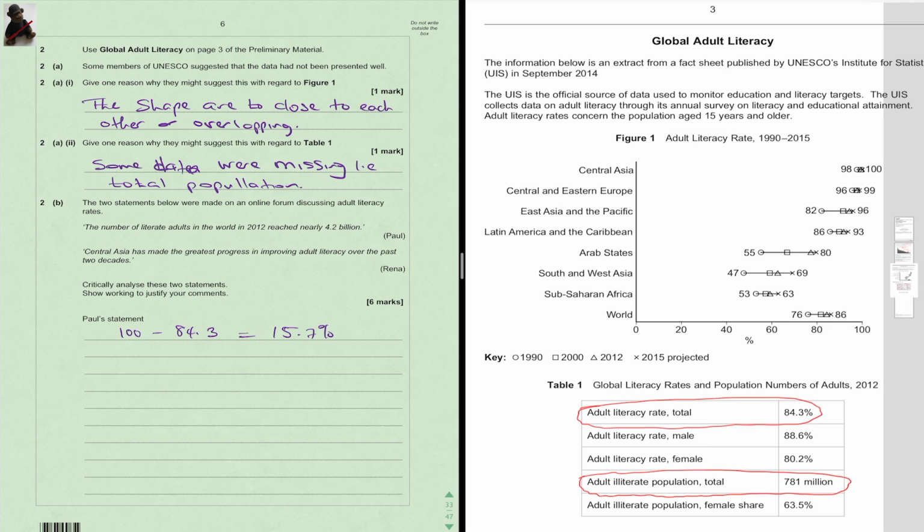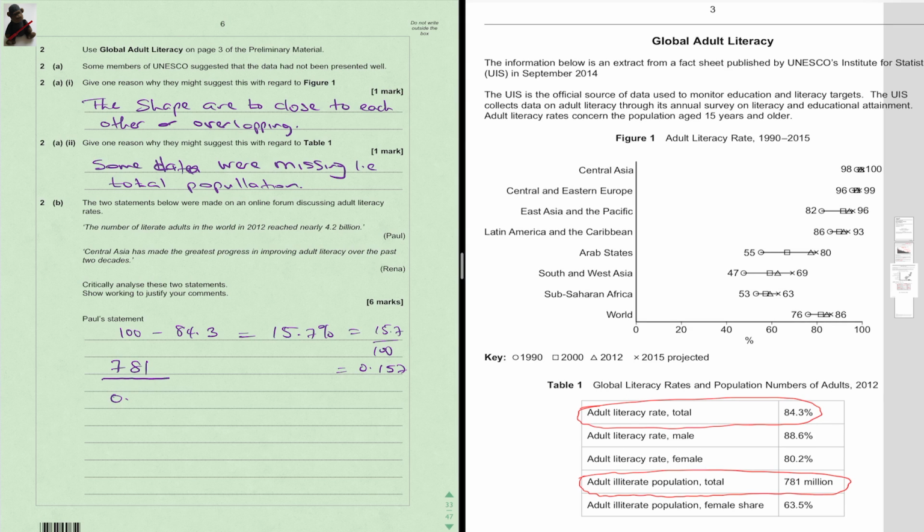If the illiterate population is 15.7%, and that 15.7% was 781 million, you can work out the whole population by saying 781 divided by 15.7 over 100, which is 0.157.